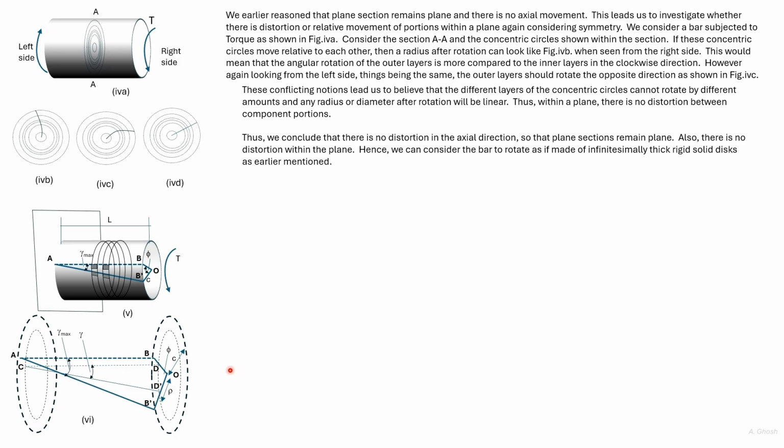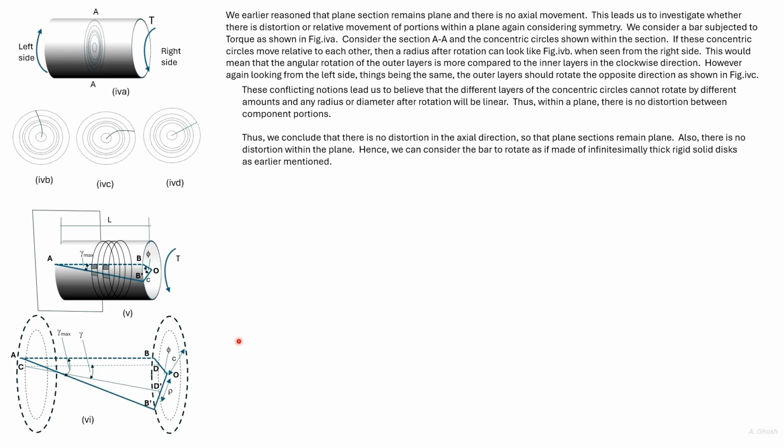Let the point where this concentric circle cuts OB be denoted as D. An equivalent point on the left end is denoted as C. So the straight line CD is parallel to AB.